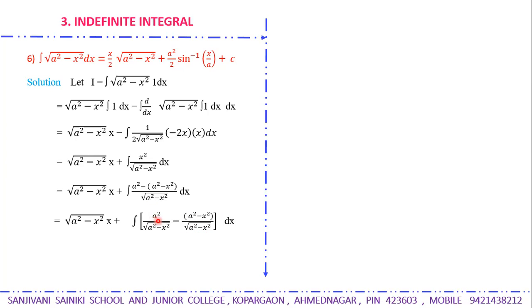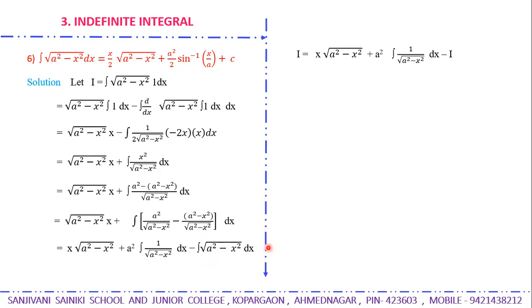Here a square is a constant, so we can take it outside the integral, and the second term simplifies to root a square minus x square, because I can write root a square minus x square as the bracket root a square minus x square whole square. So one root cancels with the denominator, and it is nothing but our given integral I. So I will replace it by I, so minus I. This minus I will come to this side and you will get 2I.